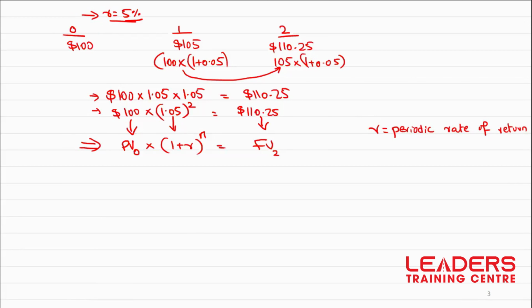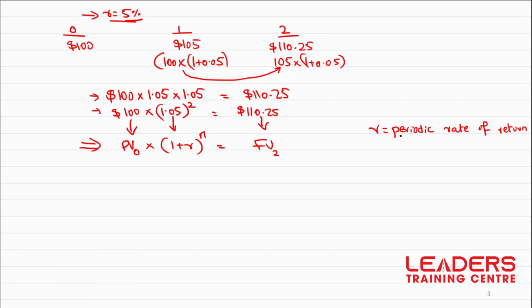However, they might tell you that you would be earning, let's say, 5% on a quarterly compounding basis. That means the return would be credited to your account every quarter and then reinvested every quarter. In that case, you would have to adjust your 5% annual rate and make it a quarterly rate of return.